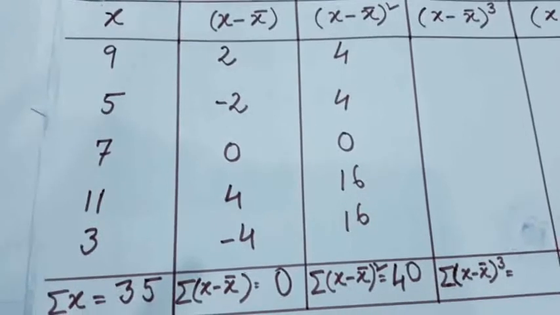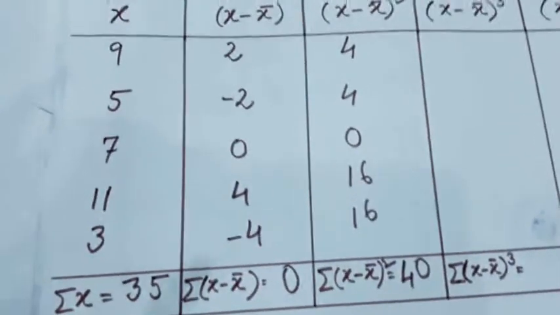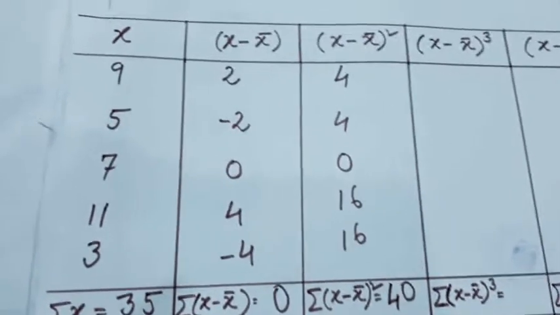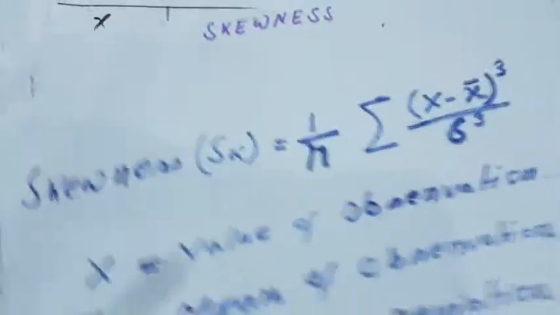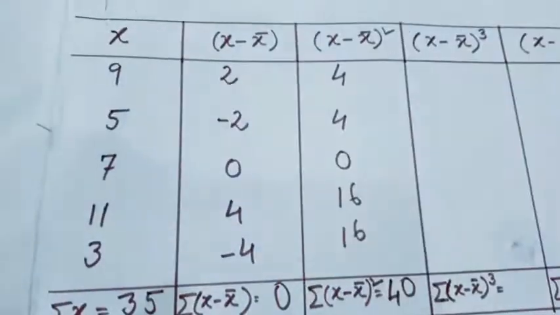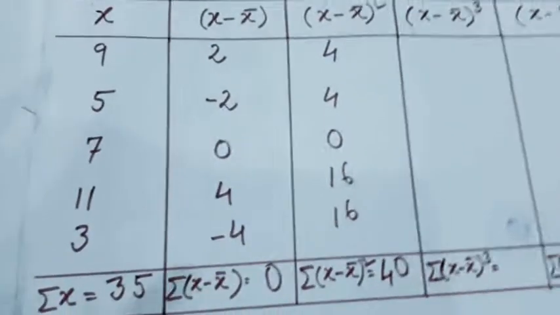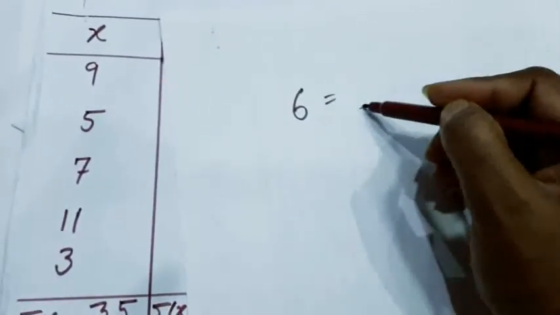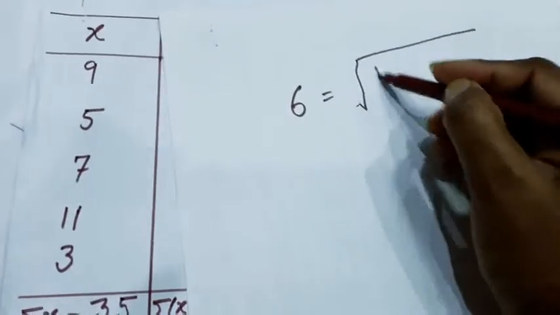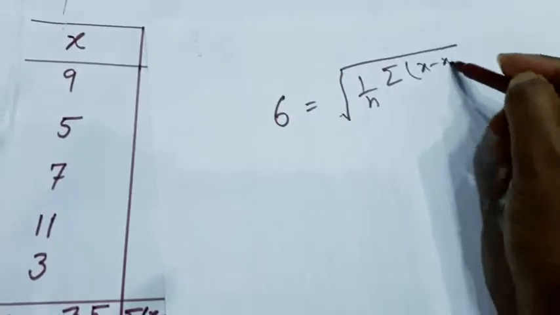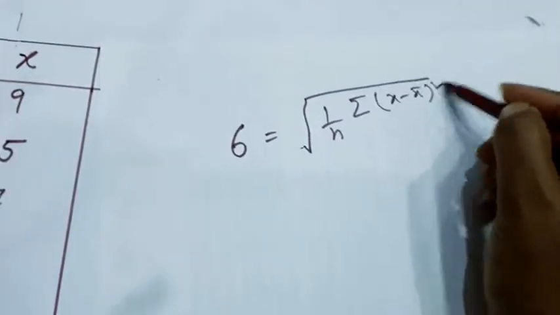Okay, now again we will come to the formula. Sigma equals to root over 1 by n summation (x minus x bar) whole square.